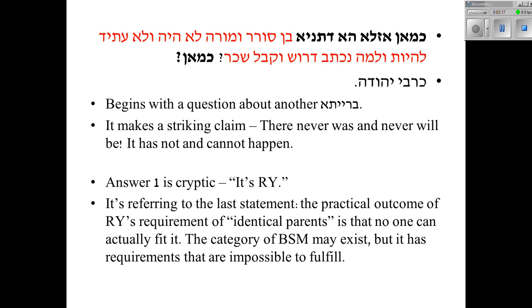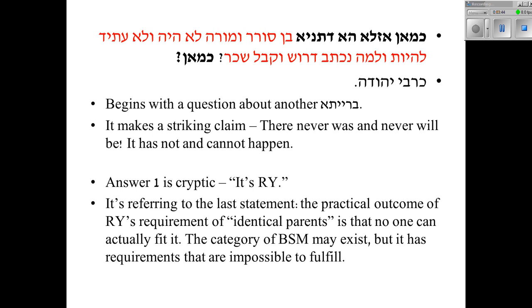V'lama nichtav. It addresses the obvious corollary, which is, if that's true, why is it there at all? Drosh v'kabel schar. We are meant to drosh, to doresh it, and receive a reward. I will not go into what that means, because that will be a subject of discussion itself.